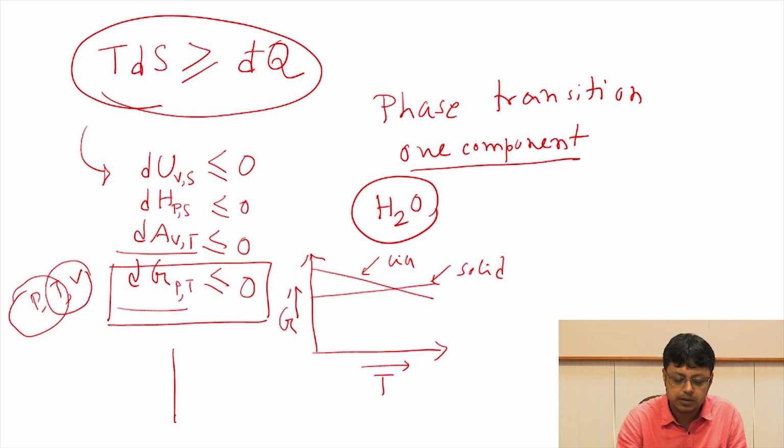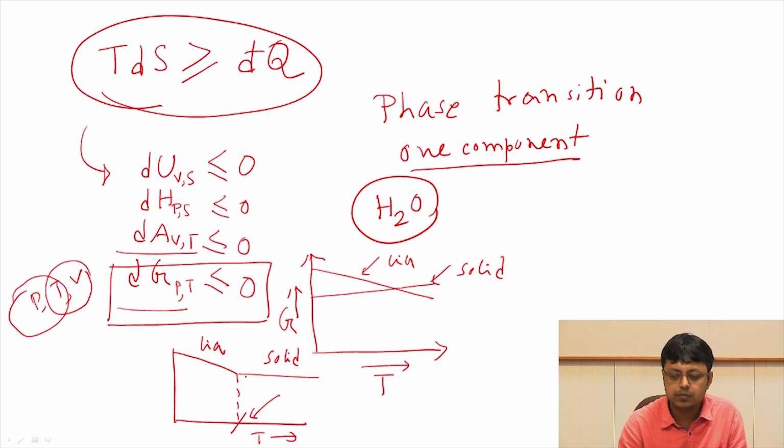So we'll discuss how to represent this, where this temperature, for the liquid to solid transition, is the freezing temperature, which we call TF.